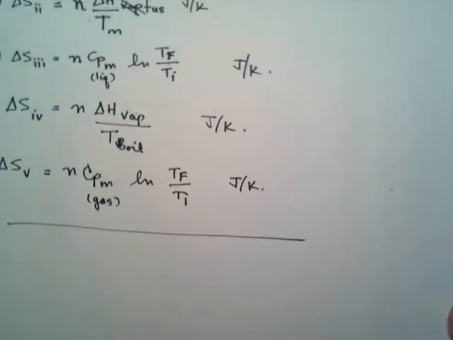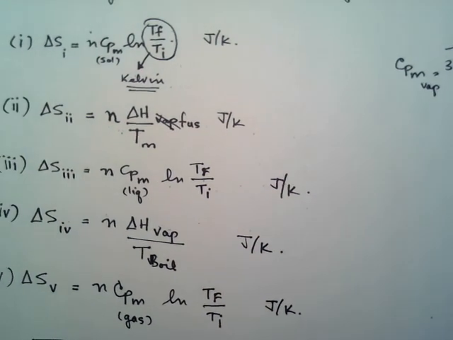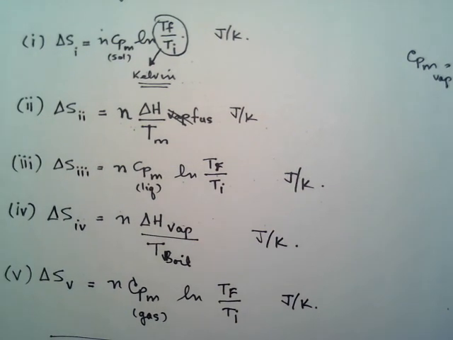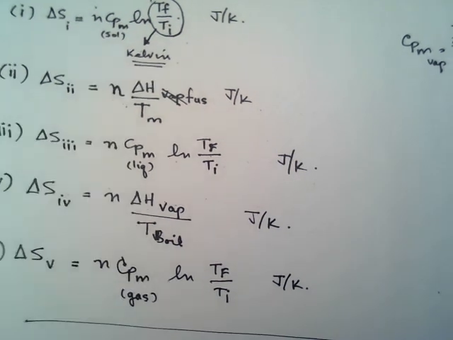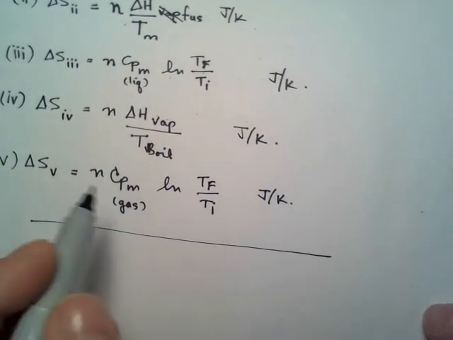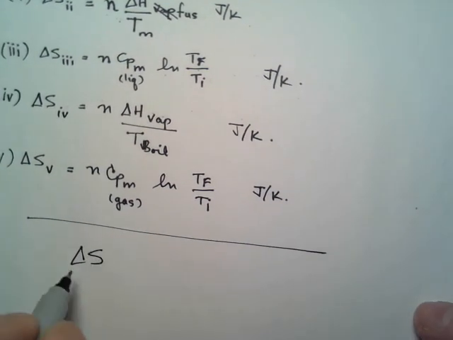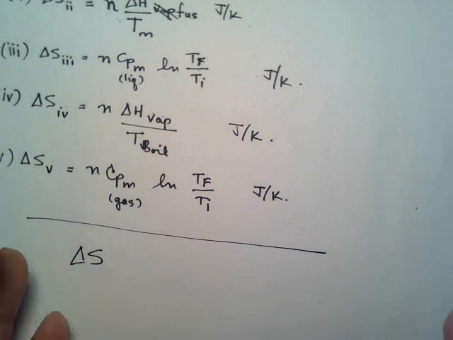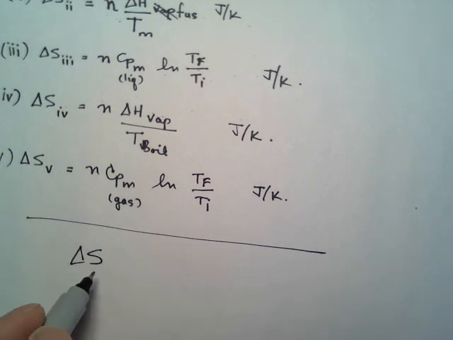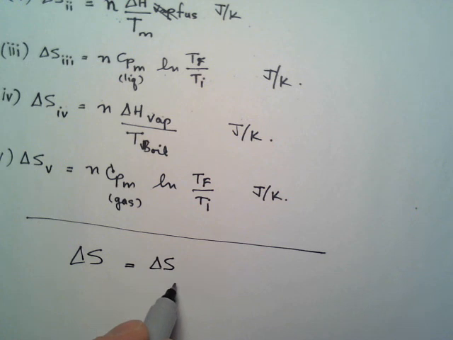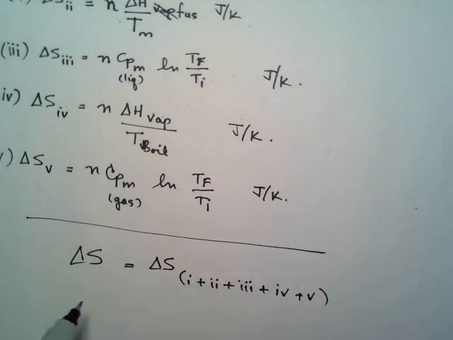When you do all of these, you'll determine each of these and add them all up. I'm not going to write total, I'm just writing delta S for the whole process. And it's going to equal the delta S of 1 plus that of 2 and 3 and 4 and 5.